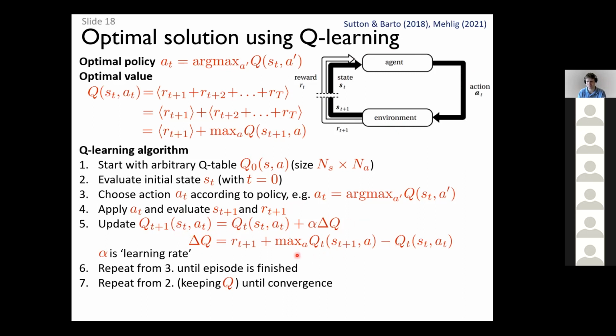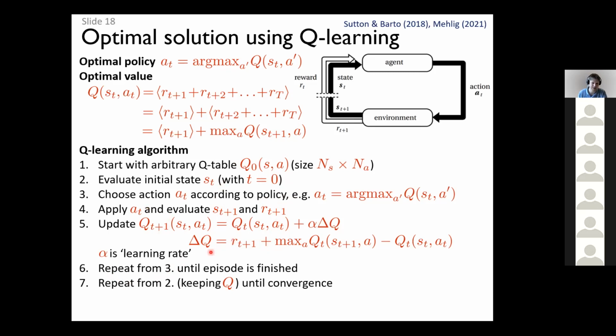And when it has converged, then we use this Q matrix to play the game in reality. So this is a training sequence. And when you have converged to an optimal policy or something that's close to optimal, then we use that for playing the game. And then, of course, we don't change the policy anymore. So then we just stick to the final policy. Okay.